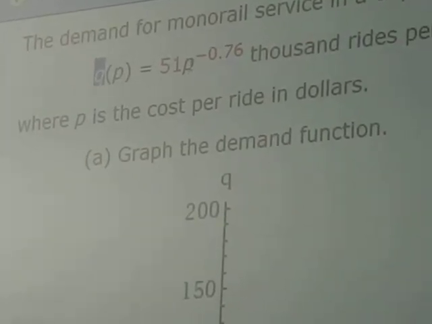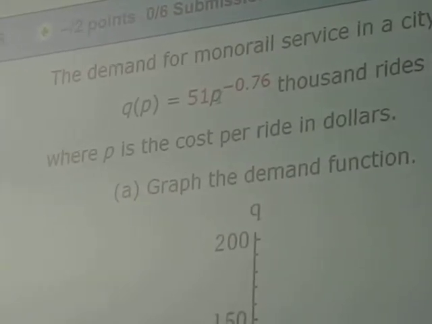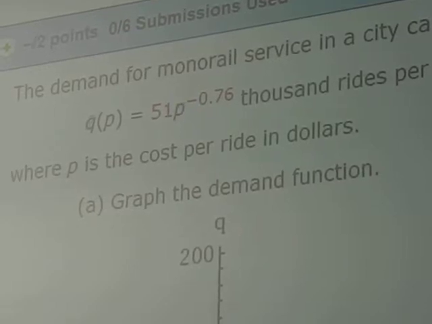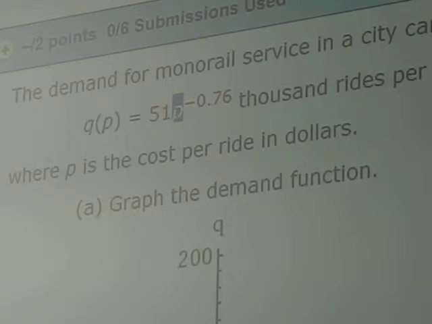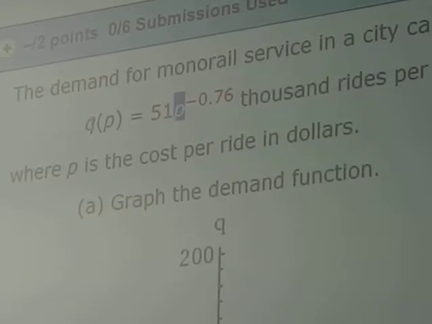But maybe you could use this as an approximation, or as a guess for what the quantity demanded will be if the price is this, right? So if the price is 10, maybe we could say something. We don't expect this to be perfect.